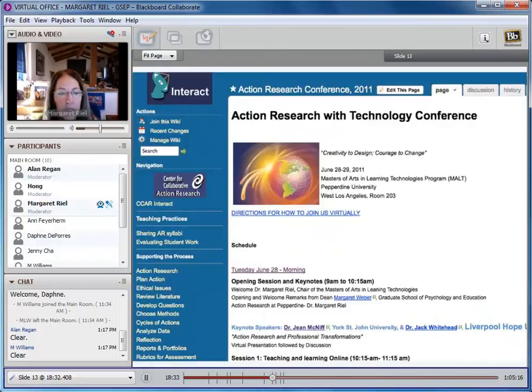And when the students finish their last learning circle, we have a series of learning circles, but their last learning circle, they actually present their work at an Action Research Technology conference that we set up for them. And in this way, they present their work by learning circles.